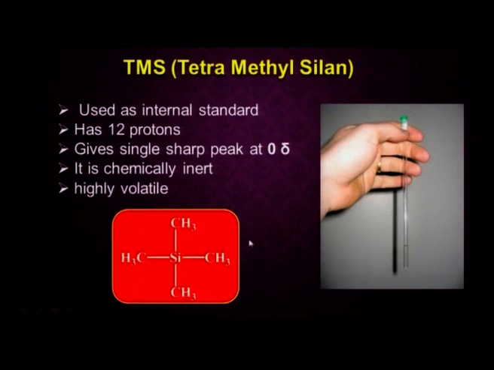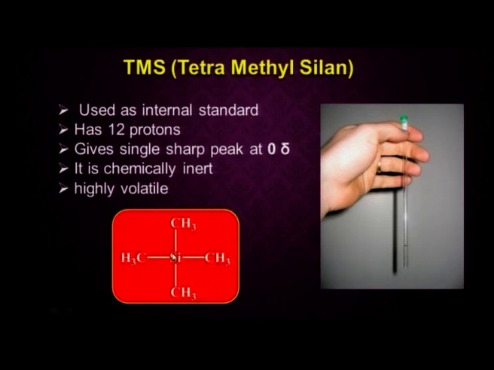Here 4 methyl groups are attached to silicon, and the 4 groups are the same, and hence the 12 protons give the same signal, a singlet, in the proton NMR spectrum. And if we compare the position of the peaks, we find that all other organic nuclei give signals at a higher frequency compared to the tetramethylsilane frequency.